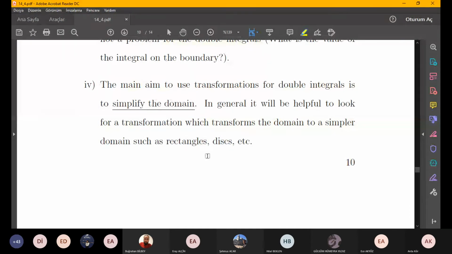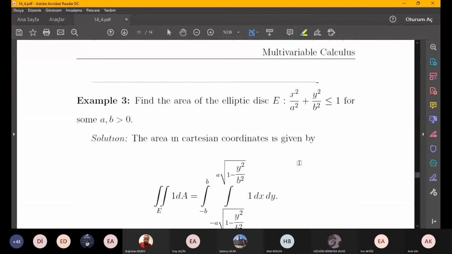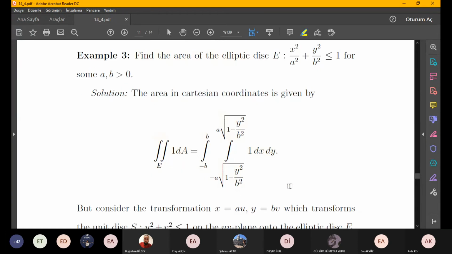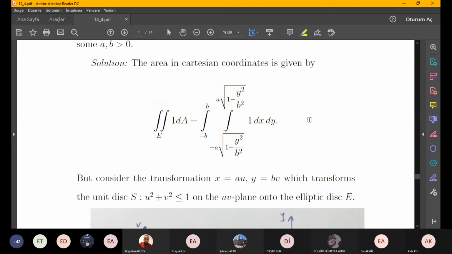So for example, if we try to find the area of the elliptic disk E, for a and b positive, then if you write it in Cartesian coordinates, it defines the double integration of 1 over E, which gives you the area of the elliptic disk E. But it is difficult to compute that integration.